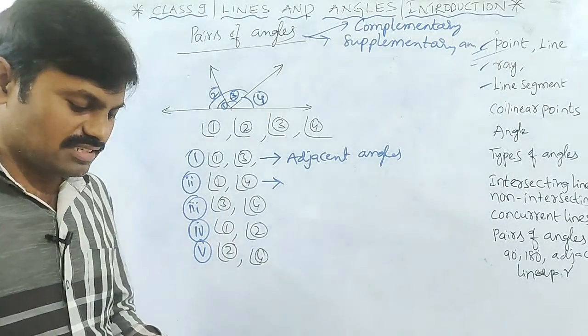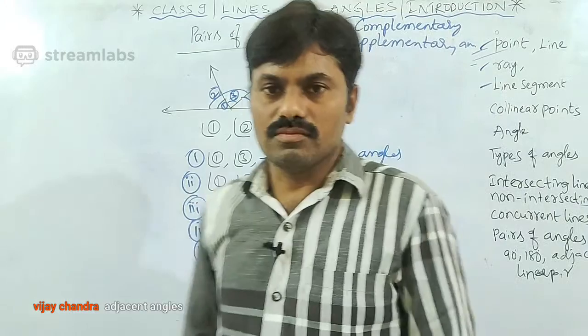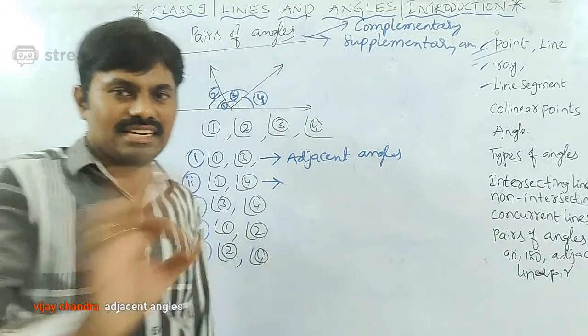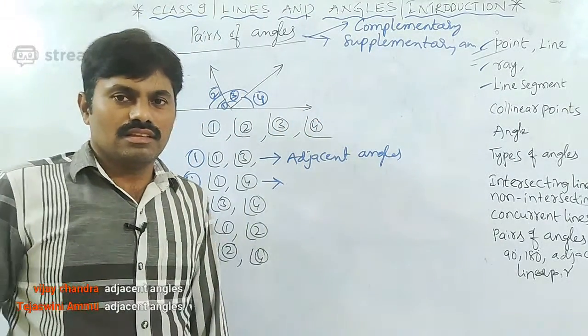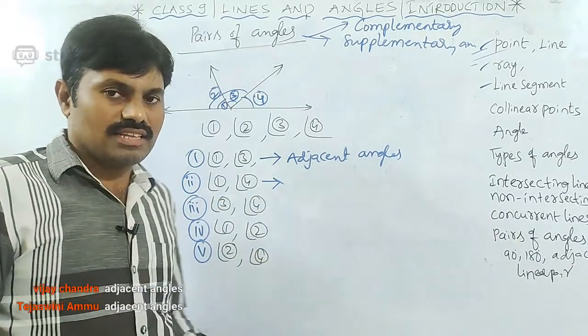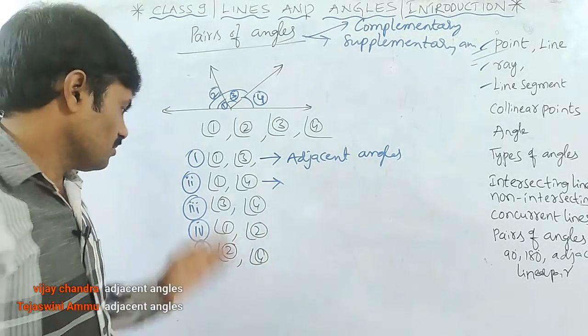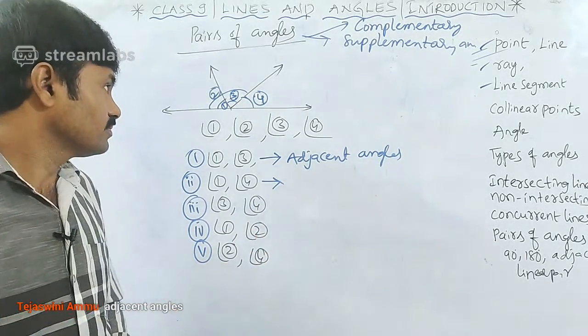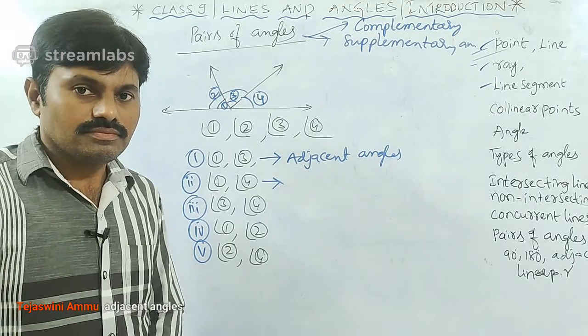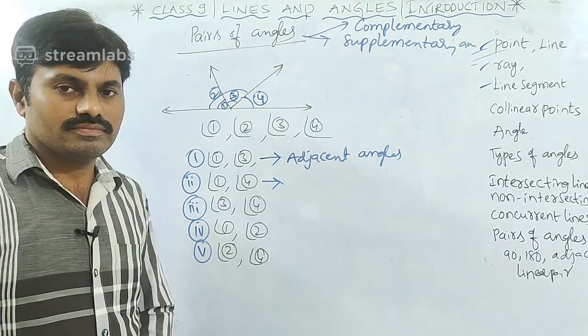You type that, that's it. If I give numbers, that's enough. My question is, among these, what are adjacent angles? Type the point numbers 1, 2, 3, 4, 5.